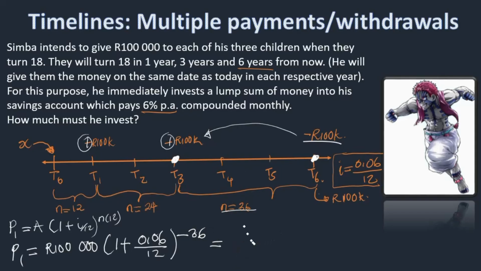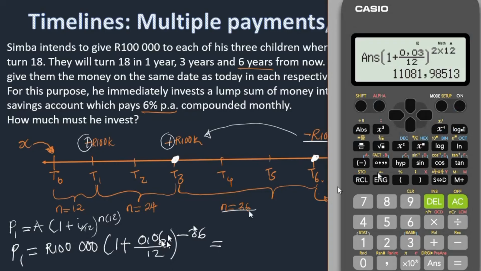That gives me a P1 of how much? Let me use my calculator here. I'm going to do it in front of you so that you see what I am doing. 100,000, right? I have 1 plus 0.06 divided by 12, and we are compounding it to 36 months, negative, remember, because we are counting backwards.